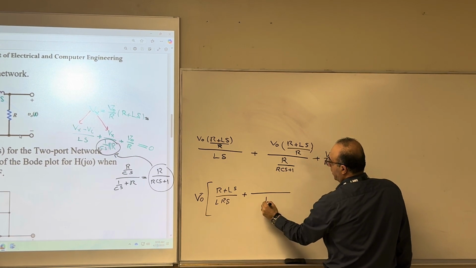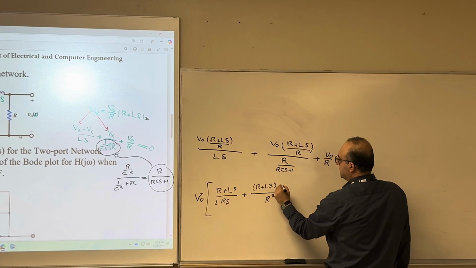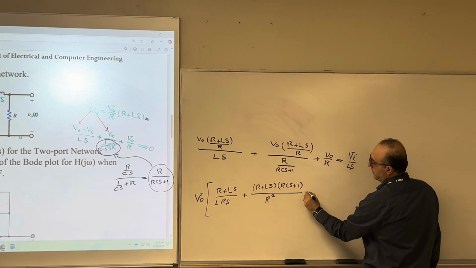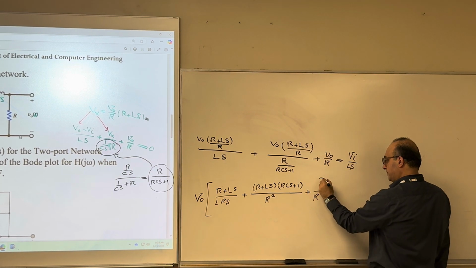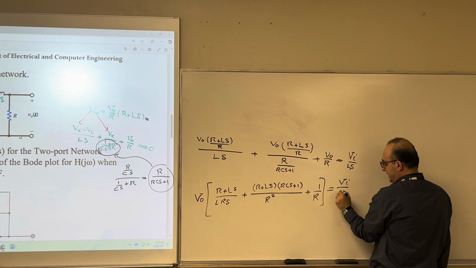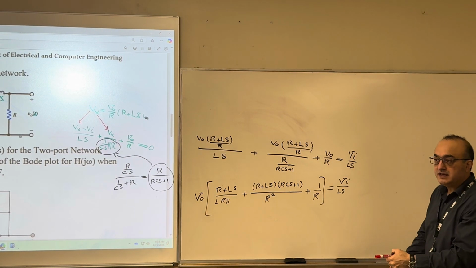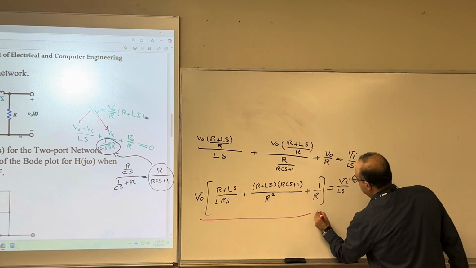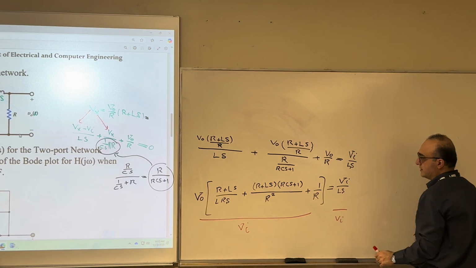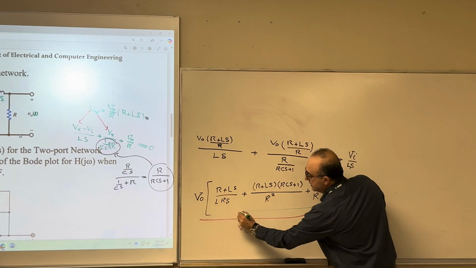This is going to be R2, then R plus Ls multiplied with RCS plus 1, plus 1 over R equals Vi over Ls. I divide everything with Vi. Vi can be cancelled, there is going to be Vout. And I divide everything with this.